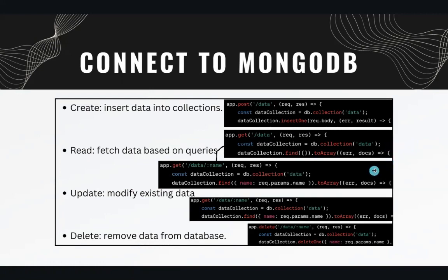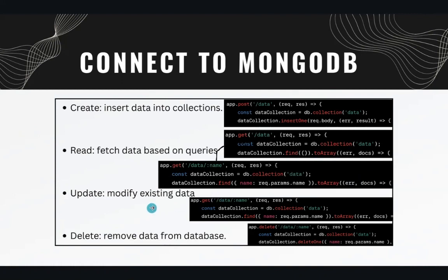However, to fetch specific data based on criteria, we modify the above code and retrieve records where the name field matches a certain value. Simply add name in the parameter and use the find method to query data that has matching names.